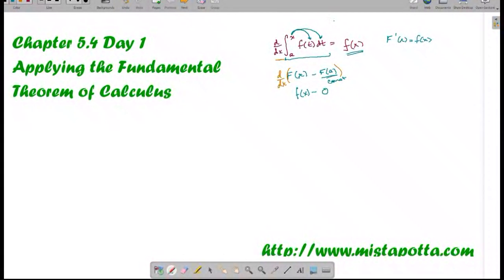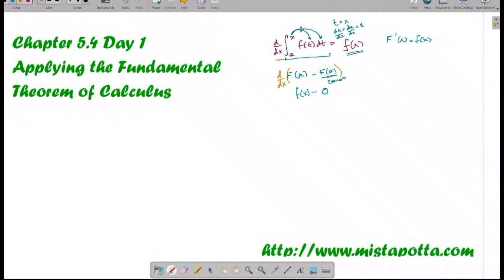And so if t is equal to x, then my differential dt is equal to dx, which for our purposes, dt/dx is equal to dx/dx, which is 1.